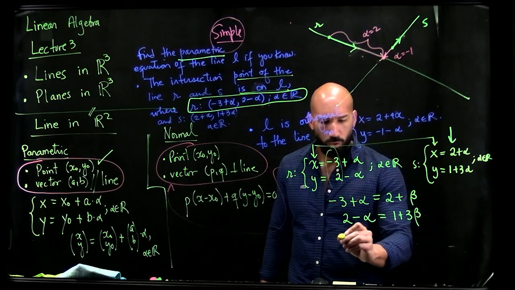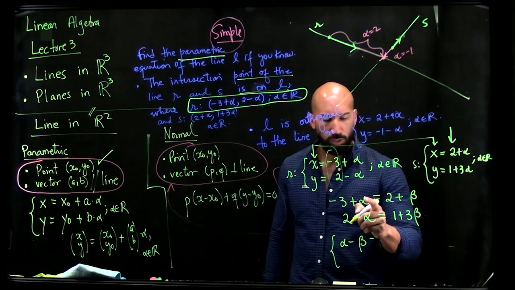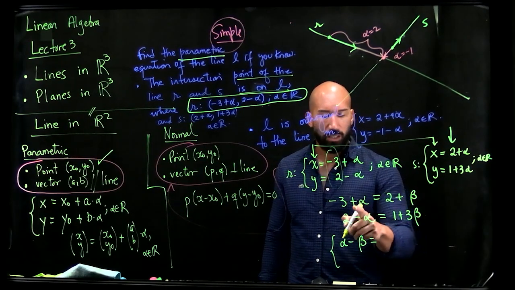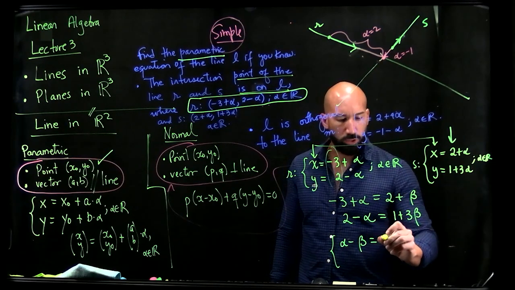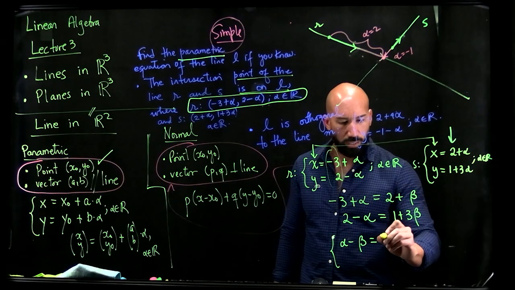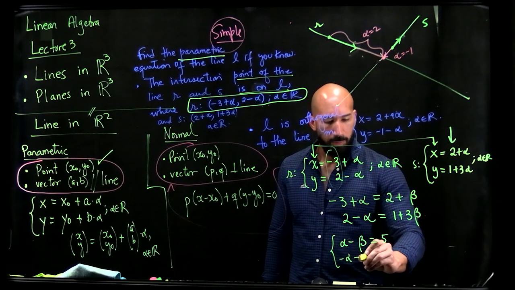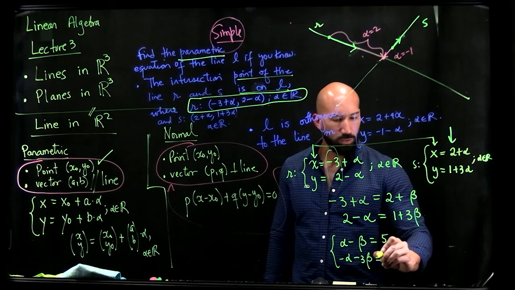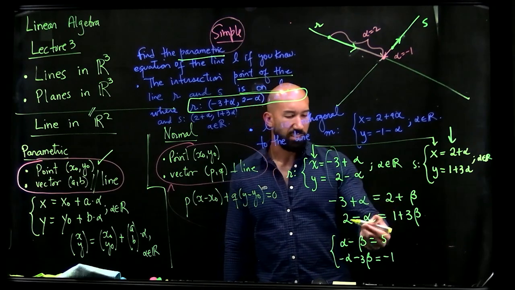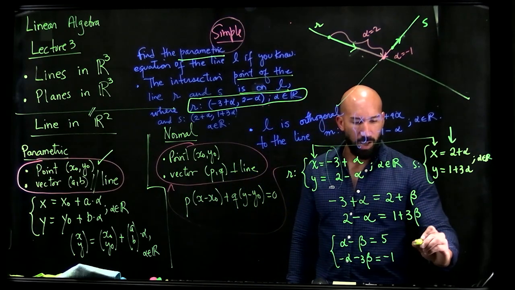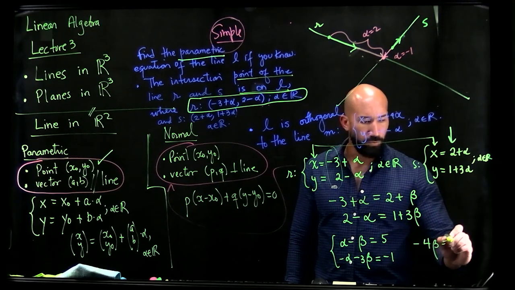And now this is leading us to a 2x2 system. We can rewrite it this way: alpha minus beta. So this beta is positive, comes to this side negative. And this -3 goes positive to the side, so equals 5. And here, minus alpha minus 3 beta equals -1. Well, if we add the two equations, we are going to have minus 4 beta equals 4.